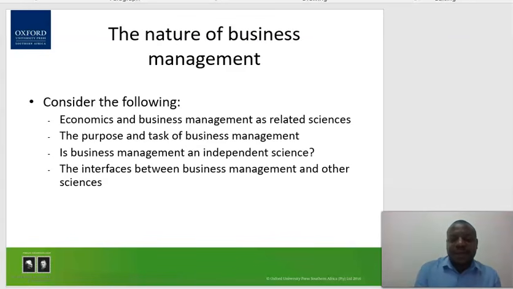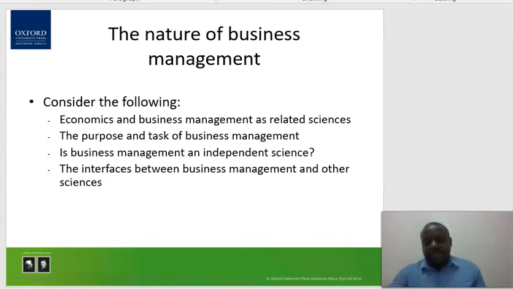There are other disciplines that may look more or less the same as business management, like public administration. But in public administration, you're studying mainly those institutions which are not mainly for profit making, while in business management the main focus is on profit making. So we cannot make profits if we are not efficient. We cannot make profits if we are not productive.